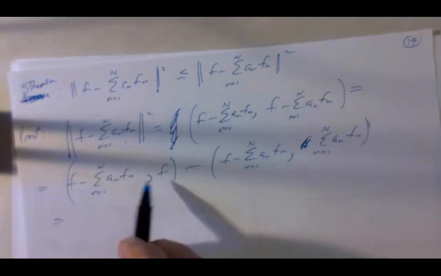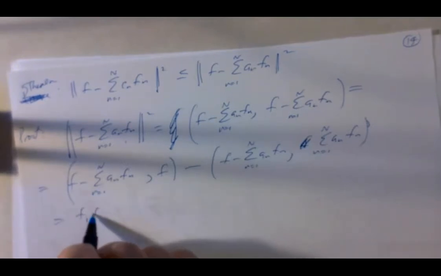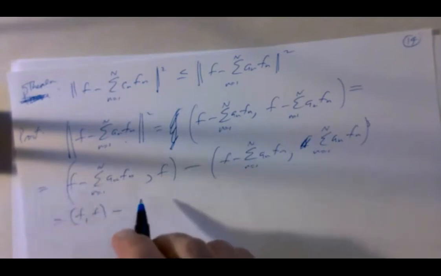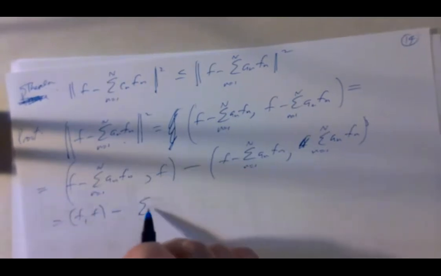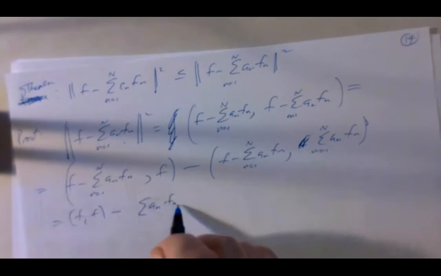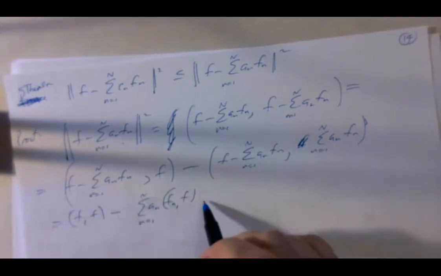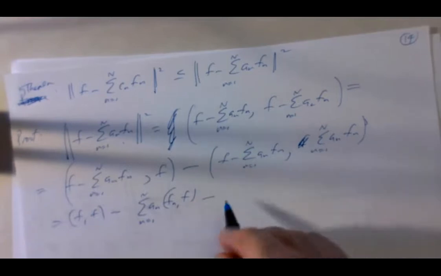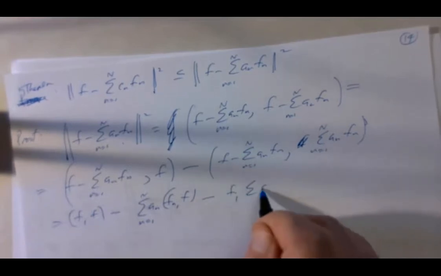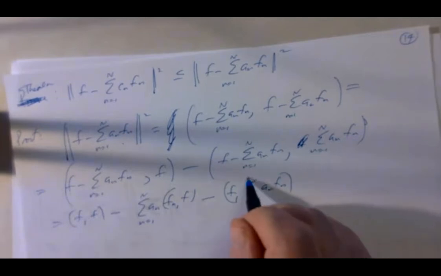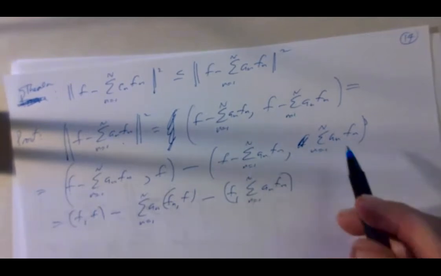And this minus this inner product with f, this is f comma f minus the inner product of these two, summation an fn inner product with f, minus this inner product with this, f summation an fn, and this inner product with itself.